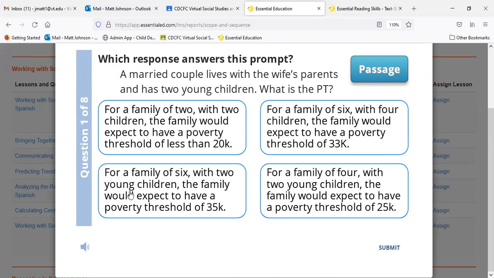And then you realize, okay, well, there's only 2 young children. Virtually, you wouldn't even have to look at the chart to get the right answer here. But that's a very specific case, don't rely on that on all questions. It's a family of 6 with 2 children, and that's the only option available in here. But we also want to make sure that we know the right poverty threshold. That's 35,000.